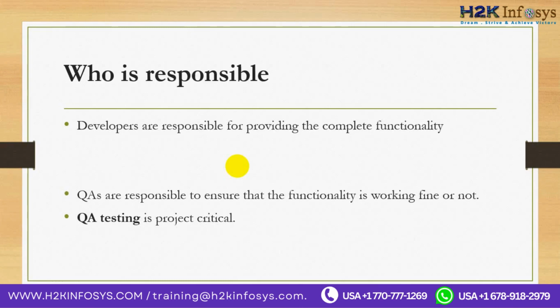QA testing is project critical. In any project, even if developers make some mistakes and functionality is not working properly, it is the sole responsibility of QA whether to sign off the project or not. If QA feels that there are a lot of defects in the project, he can cancel the release, or he has all the rights to postpone the release. So QA testing is project critical.